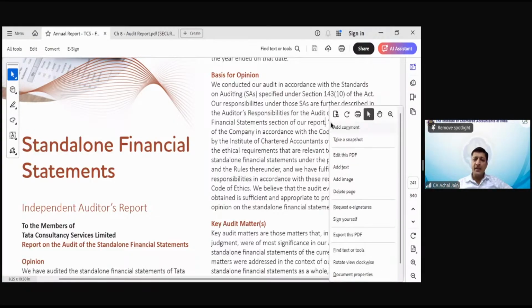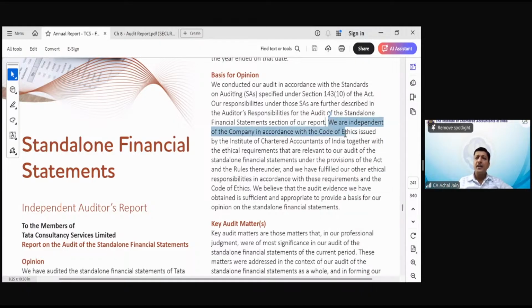So the auditor is explaining here that as regards this audit, we are independent, "together with the ethical requirements that are relevant to our audit of the financial statements under the provisions of the Act, under the rules thereunder, and we have also fulfilled our ethical responsibilities in accordance with those requirements and the code of ethics."